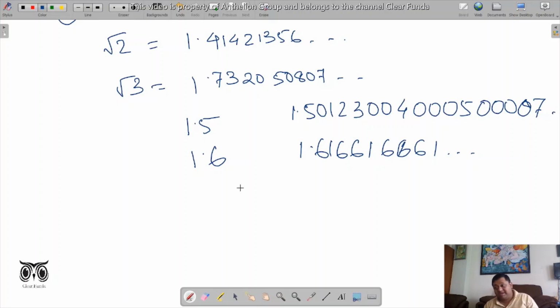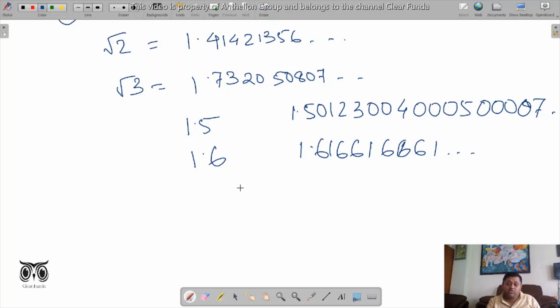Like when we were putting rational numbers, there were 3 rules. If you remember, one is (m1 plus m2) by 2, and similarly (q1 plus q2) by 2. That was one idea. Then we had an idea of multiplying the numerator and denominator of both by n plus 1. That was another idea.